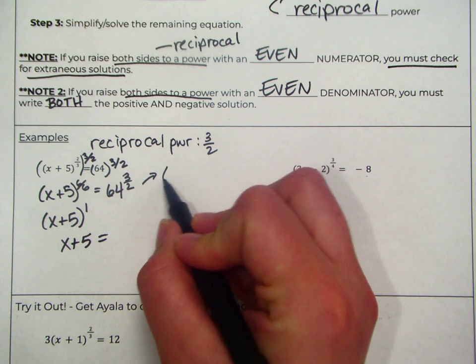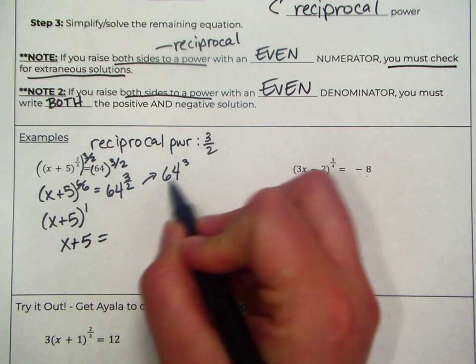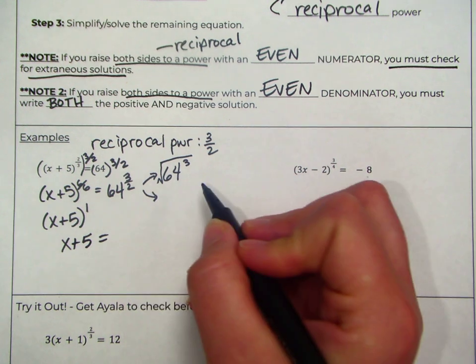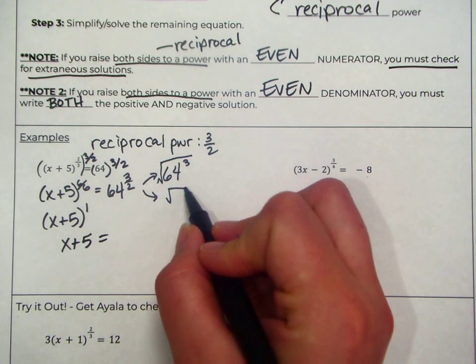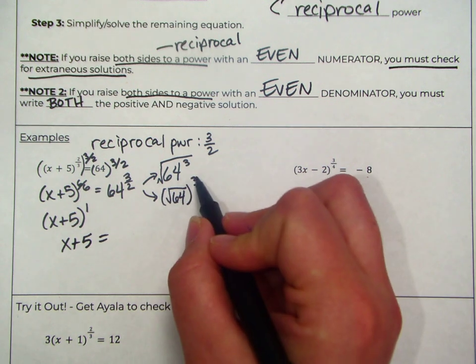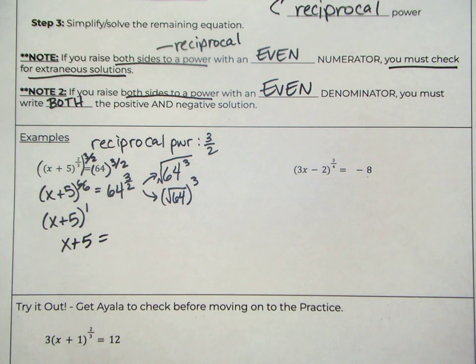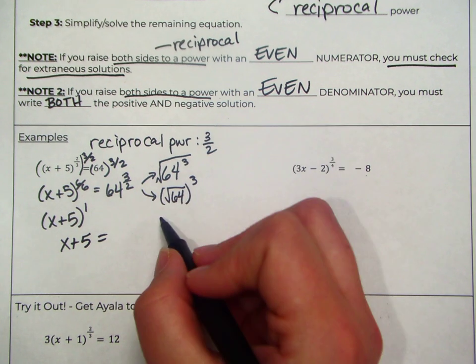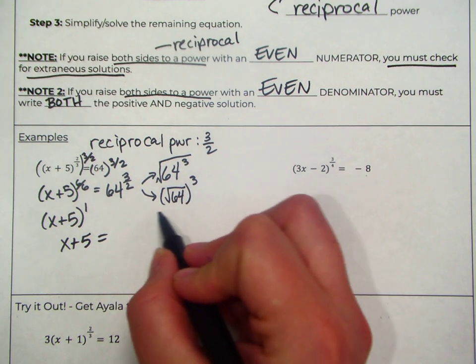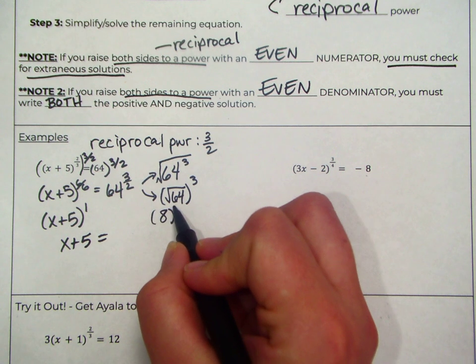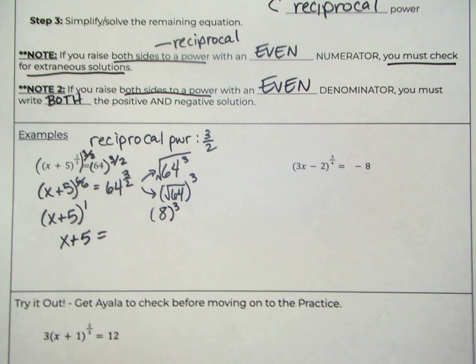That can mean 64 cubed, take a square root of that, or it can mean square root of 64 and cube that, with how multiplication works with the powers, okay? I prefer this way because square root of 64 is a lot easier to do. So square root of 64 is going to be 8, and then I want to cube that.